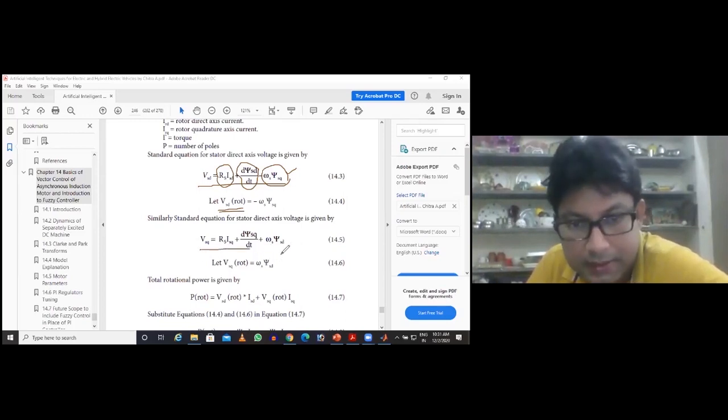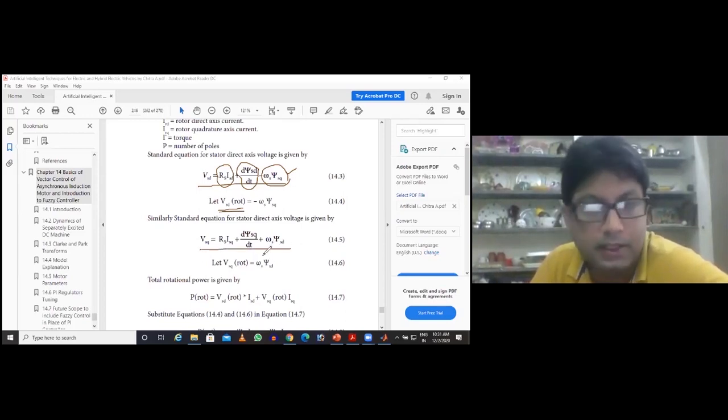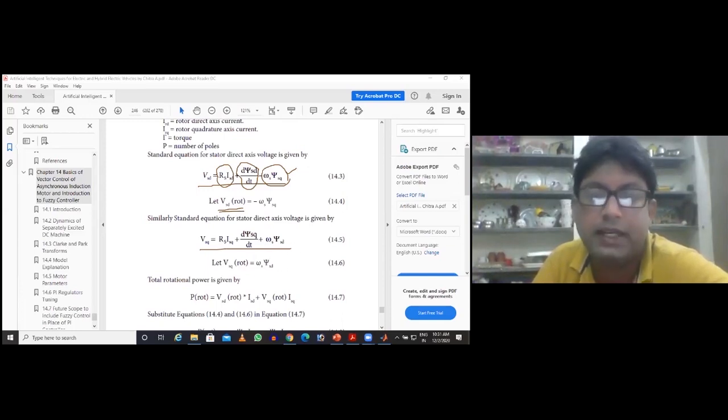Similarly, in quadrature axis, the equation is this, but it's not opposing. If you see that vector diagram or equivalent circuit, you will understand that. You can refer to any standard book like B.L. Theraja, A.K. Sawhney, any book you can see.